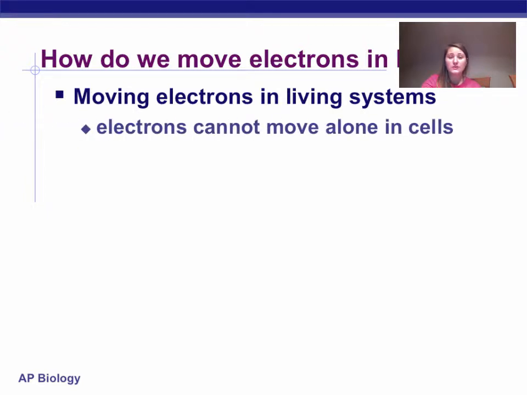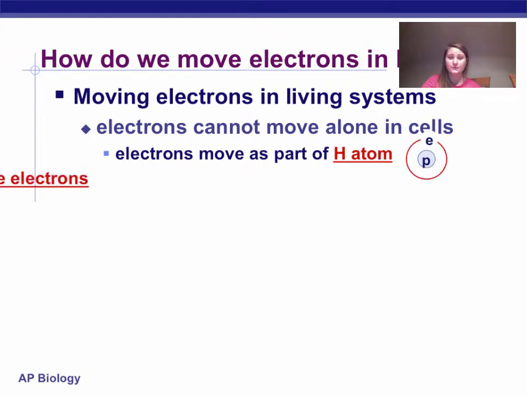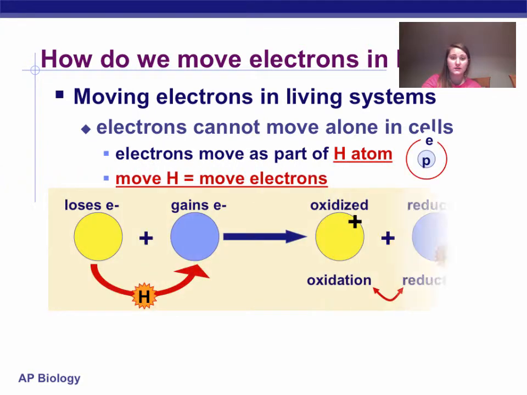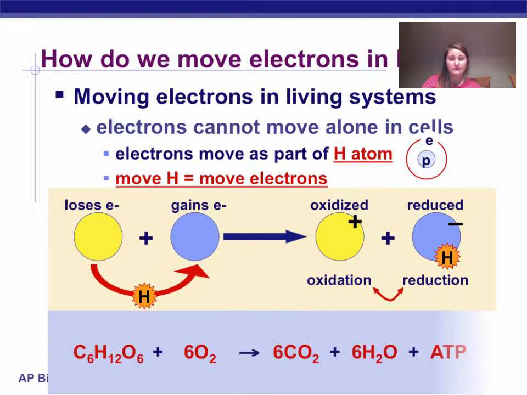Electrons are moved within a system by moving the hydrogen atoms. So, in the following example, what was moved was the hydrogen. In cellular respiration, you have a glucose molecule and 6 oxygen molecules as your reactants, and on the product side you have 6 carbon dioxides and 6 water molecules.